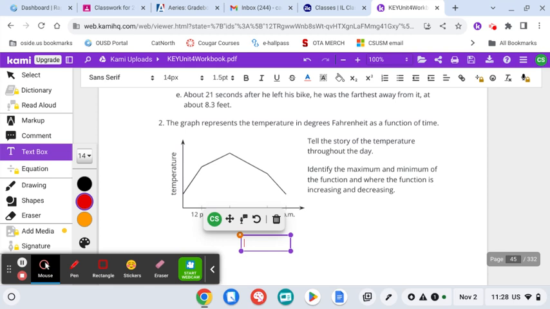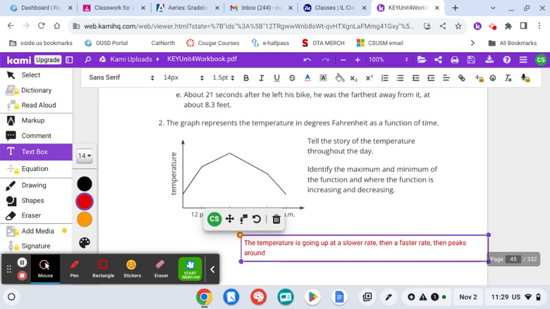So you can say the temperature is going up at a slower rate, then a faster rate. You could even say constant rate because they're linear. Then peaks around what time?